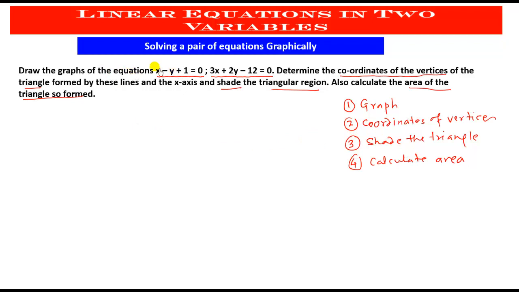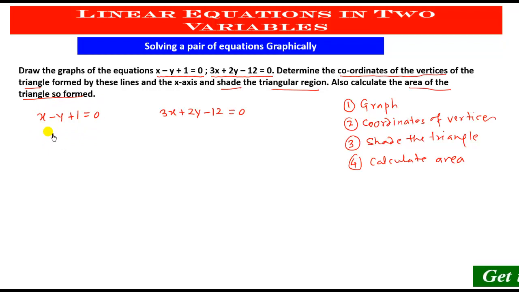So here, the given equations are x minus y plus 1 is equal to 0, and the other equation is 3x plus 2y minus 12 is equal to 0. First we write this equation as y in terms of x.